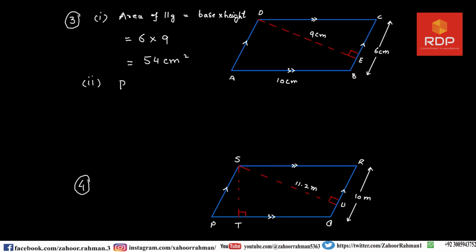There is no formula for the perimeter of a parallelogram, but you have to think of it from the perspective that there are two sides each, so the sum is 2 into 10 plus 6.